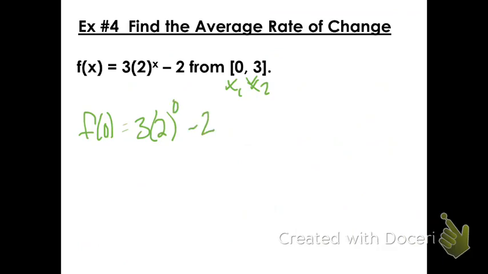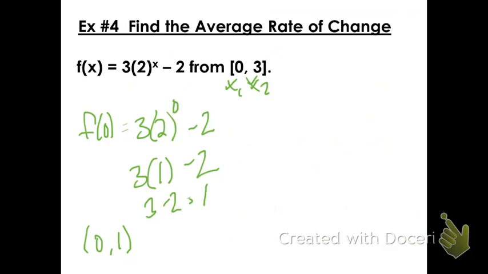Anything to the 0 power, Caleb, we know is 1, right? There you go, dog. All right, so we got that 3 times 1 gives you 3. 3 minus 2 is equal to 1. First point for this one should be 0, 1, which is also known as my y-intercept because the 0 is always in front.